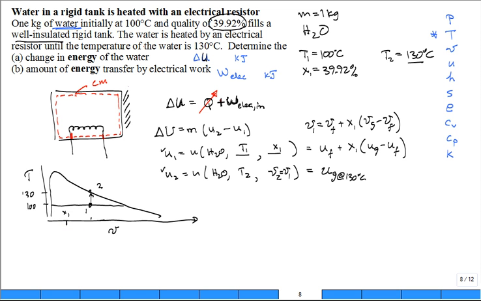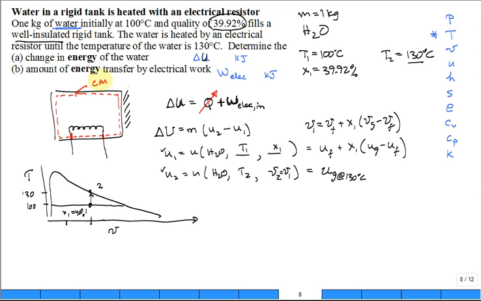The volume has to stay constant. But somehow, this quality at state 1 is 40%, and you go to 100% quality at state 2. What it means is every time we draw these somewhat TV or PV diagrams that are fairly symmetric, we're so wrong. It is skewed and kicked way out onto the right. The real diagrams are kicked way out to the right, okay? Make sense?